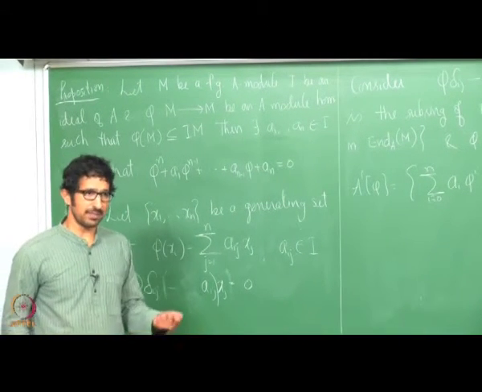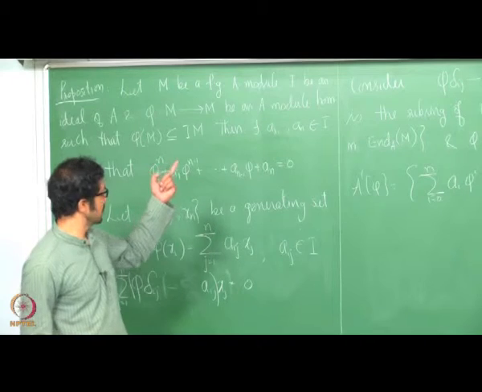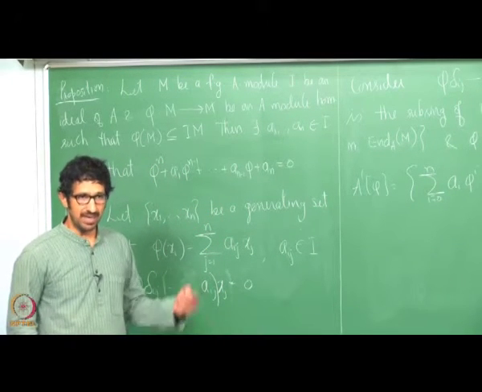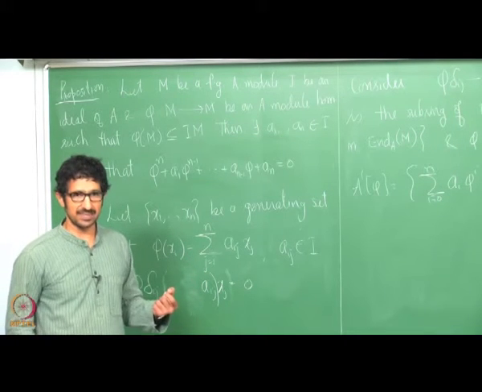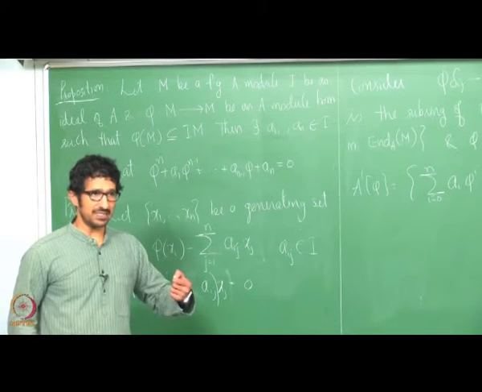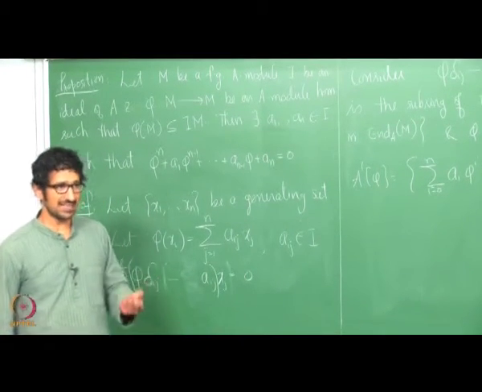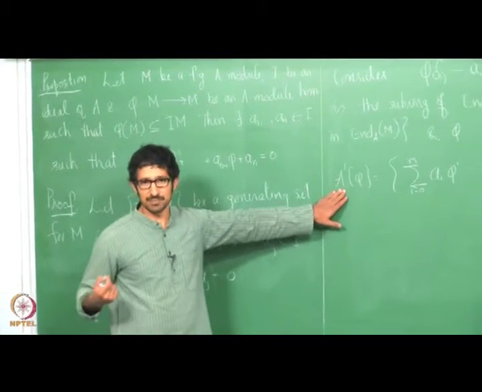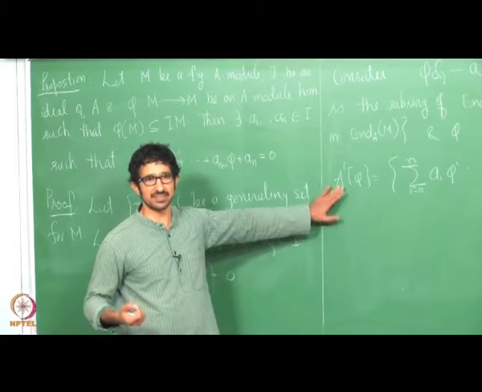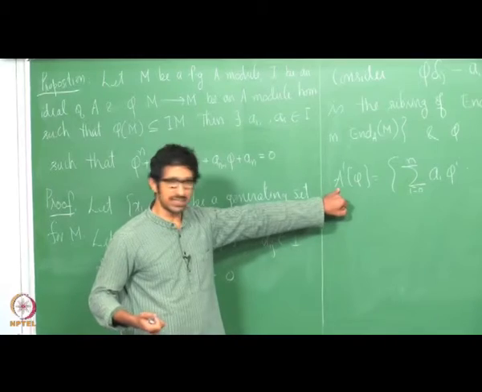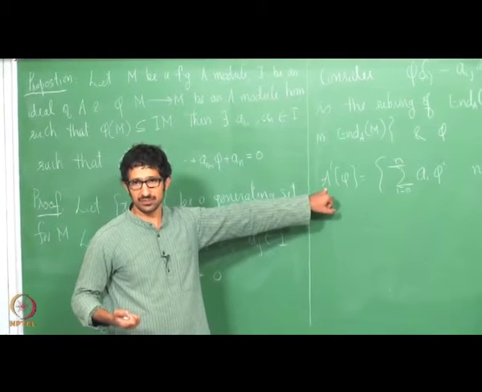If your module M has an annihilator, and if you take an element from the annihilator, multiplication by that would be 0. So in this ring, everything in the annihilator is the same as 0. That is why I am denoting it by a different notation.